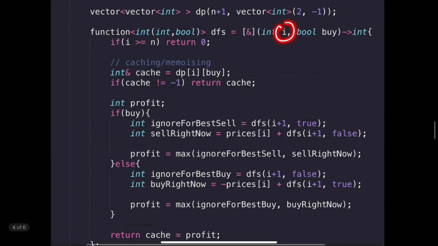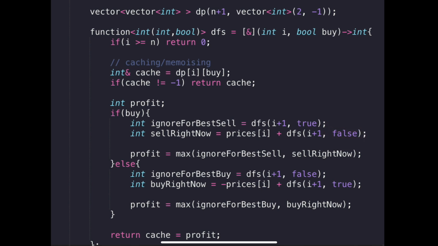From index i we move to index i plus 1, and since we have bought, we are keeping that variable as true only so that we can sell it in future optimally. But if you want to sell right now, we take the price at index i, and since we have sold it, we are making this variable false so that we can say we are now ready for buying.